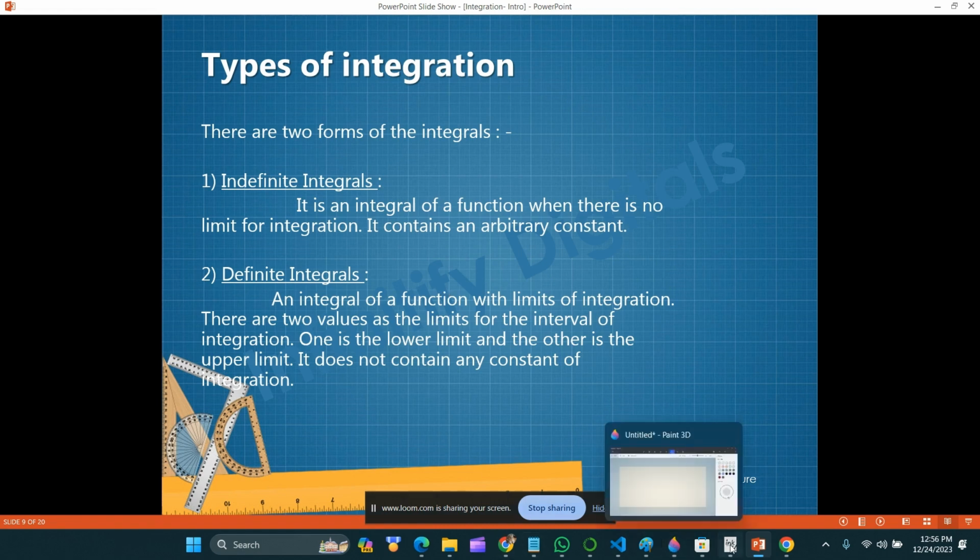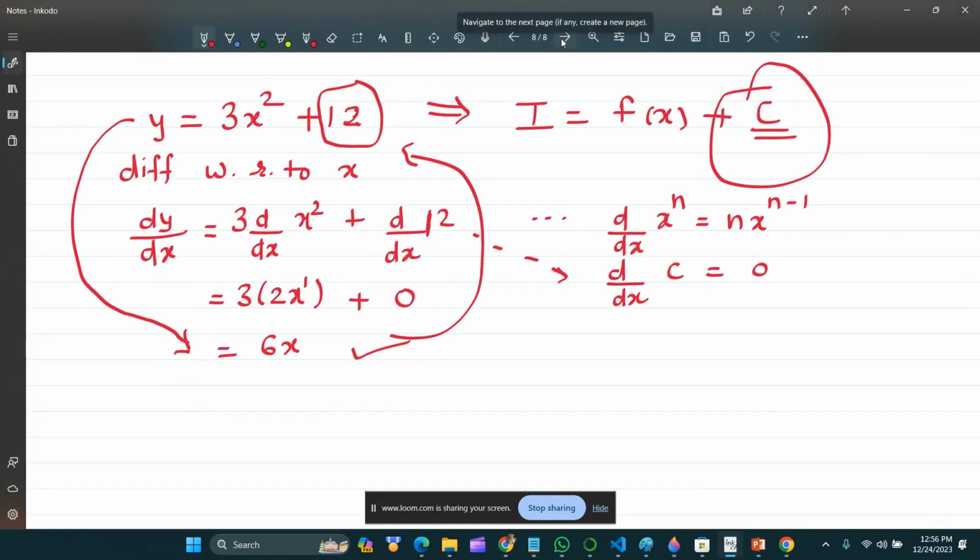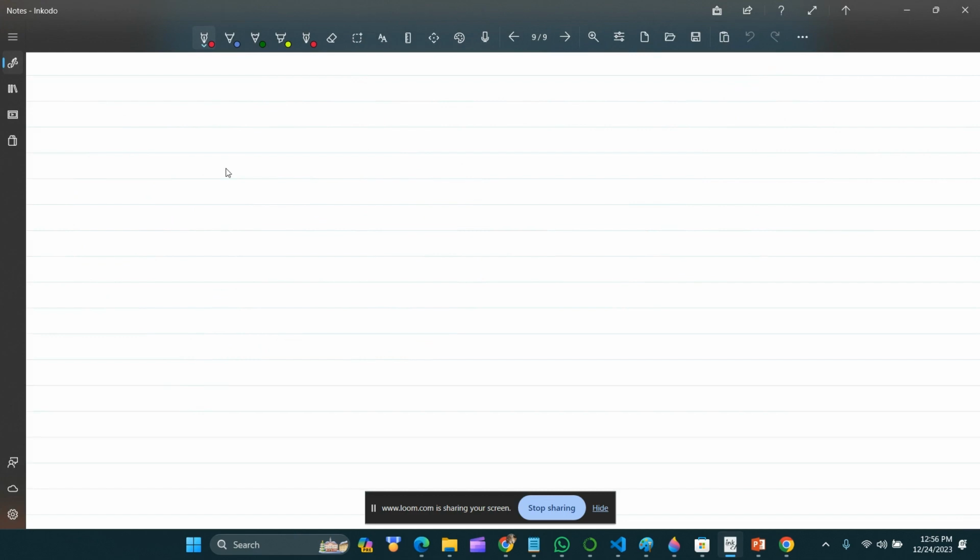I will show it with an example. If we have the integration of f dash x dx, then we know the answer of this function is f of x plus c, and we have to add plus c compulsorily because there is no limit.